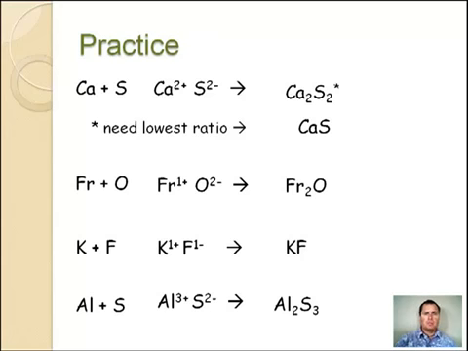So this is pretty simple, writing these binary ionic compounds. Write them out like this. Draw your crisscross arrows. I didn't put them in here, but you should draw them on your chart just to remind you. Remember, we don't write any charges down here. Just the numerical value drops down.